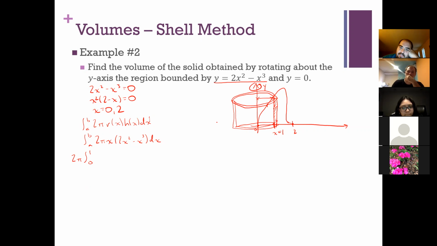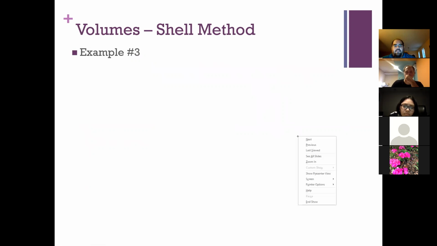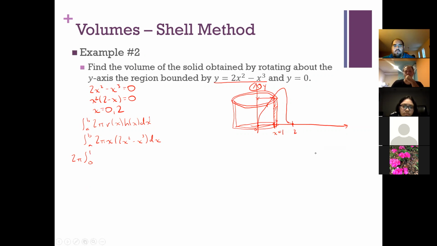So why are we looking at the peak? Can I just jump in here? If we're filling the volume, wouldn't it go all the way to 2? Yep.